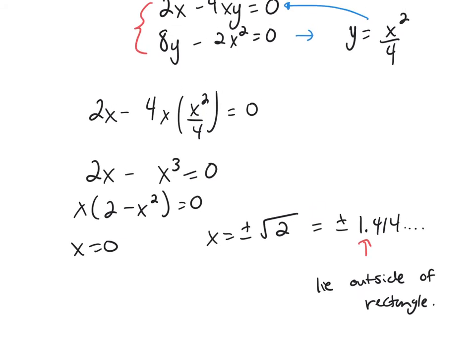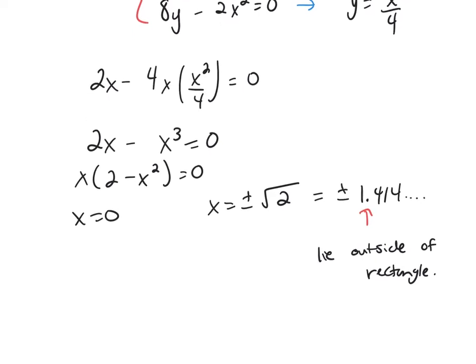So here, if x is 0, if we go back to our equation for y, it's x squared over 4. So if x is 0, then y is also 0. So we get this critical point.